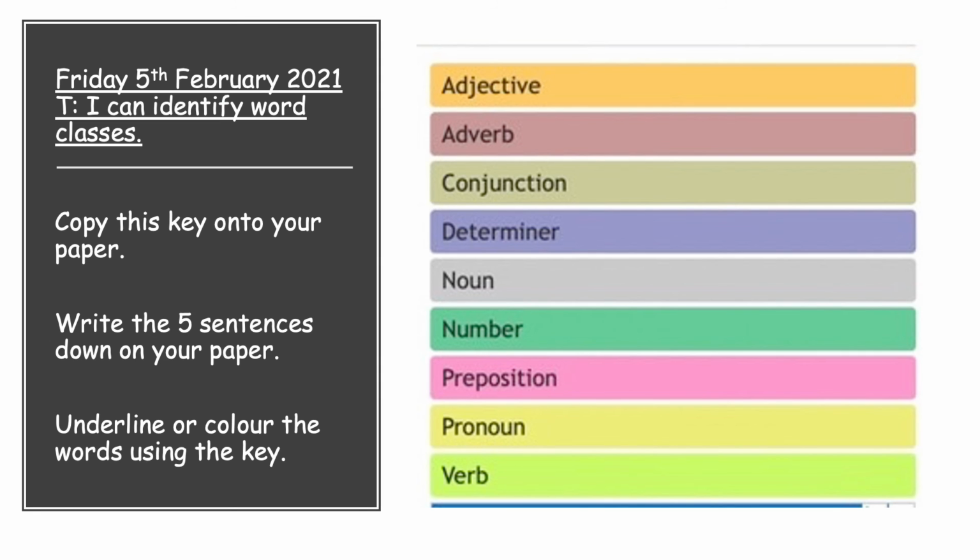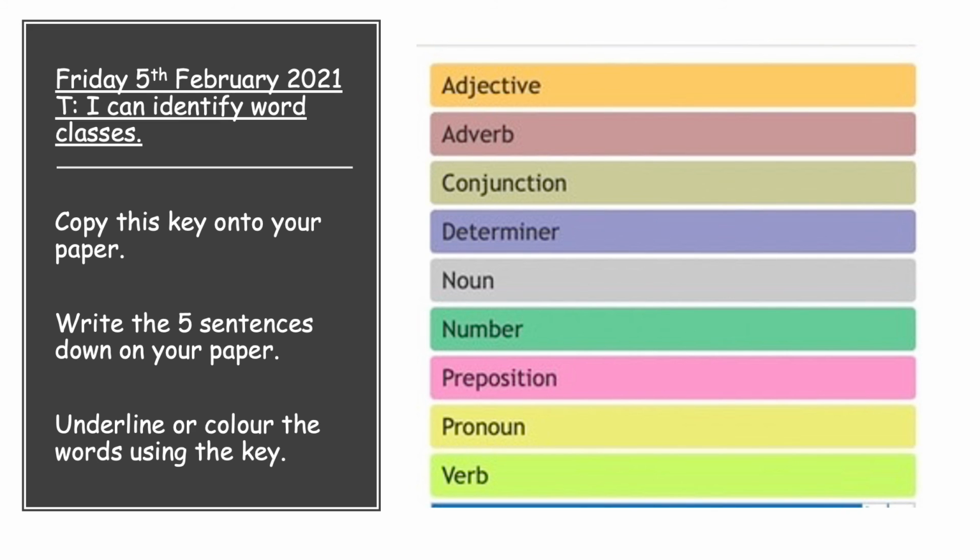Okay, so what I would like you to do is copy this key. You can use any colours that you have onto your paper first and write the name on the colour block. Okay, then you'll have 5 sentences on the next page, and what I want you to do is underline the words in the correct colour, just like what we've done.